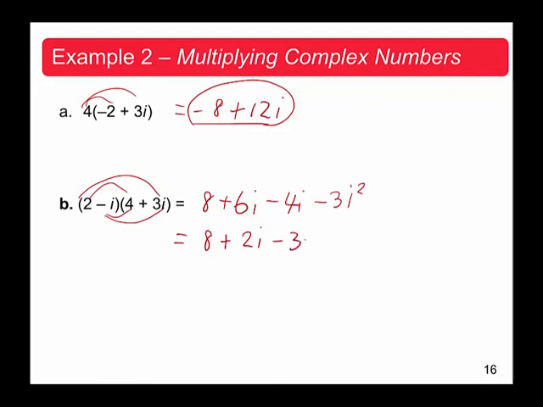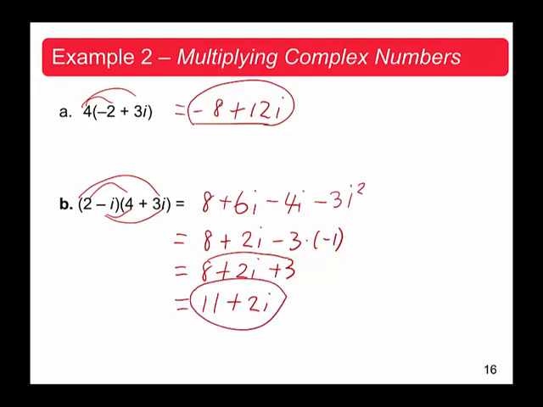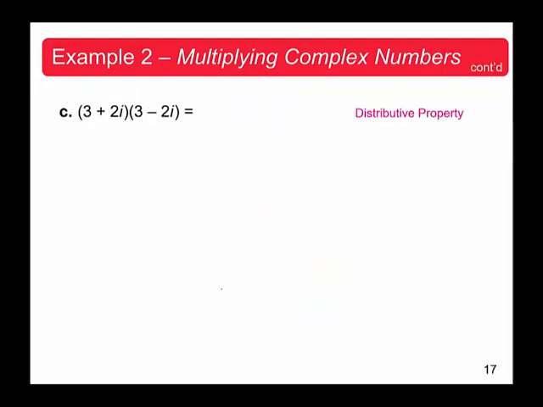And minus 3 times -1 becomes a real part. So 8 plus 2i plus 3. If you add 8 and 3, you get 11 plus 2i. And this is a complex number answer. Okay, and that's how you distribute using FOIL to simplify the product of two complex numbers.